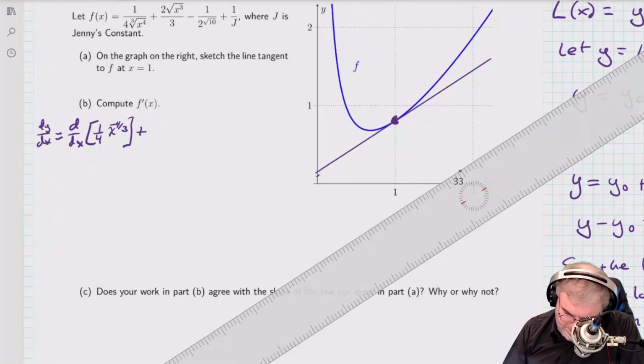Plus this is going to be the derivative of 2/3 x to the 1/3 minus the derivative of 1/2 root 10 to the root 10, plus the derivative of 1/j.